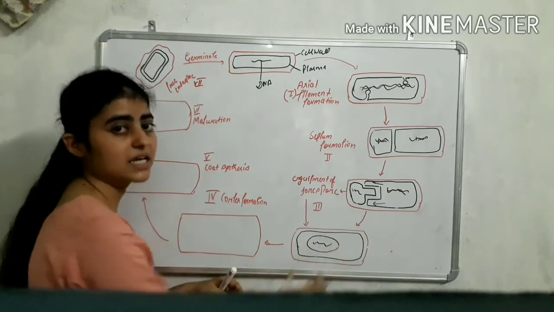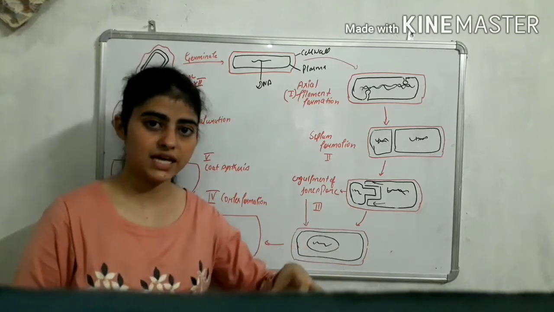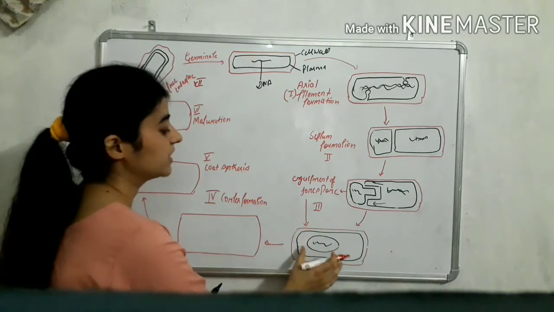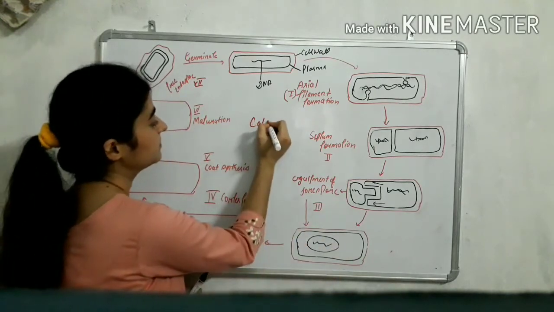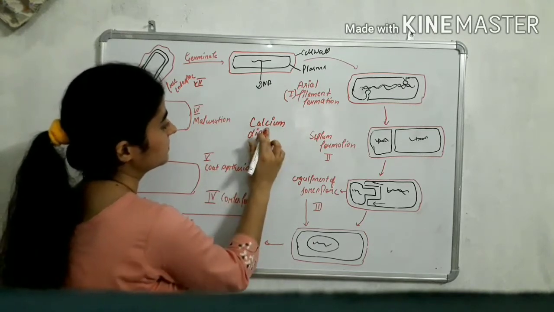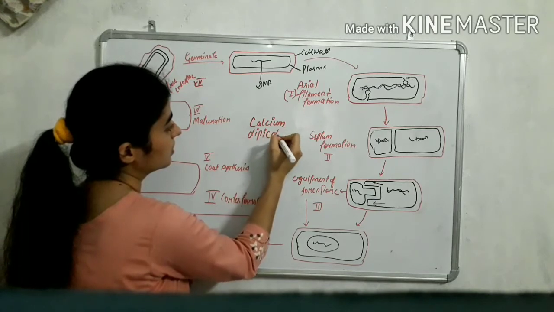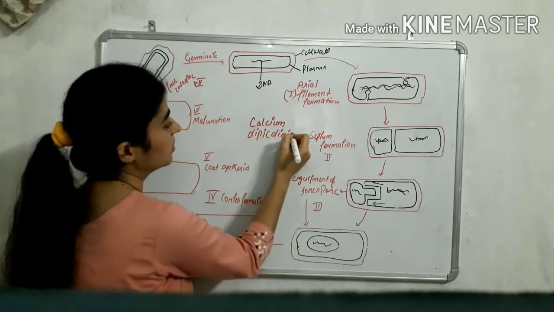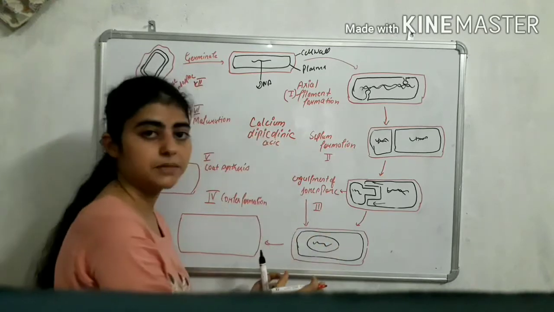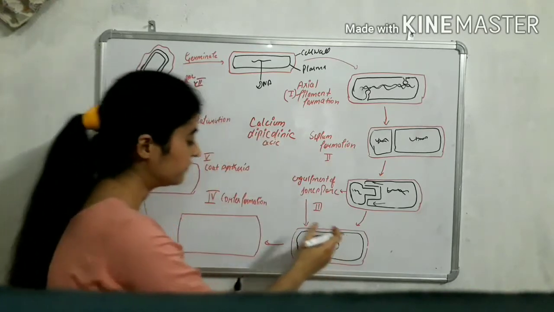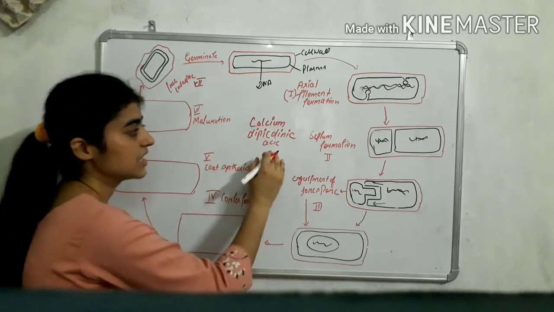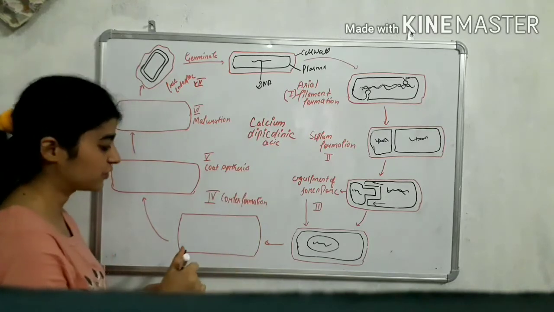In these two membranes, there will be the deposition of calcium and dipicolinic acid between these two membranes, because of which cortex formation will occur. The deposition of these two things will start the formation of the cortex.